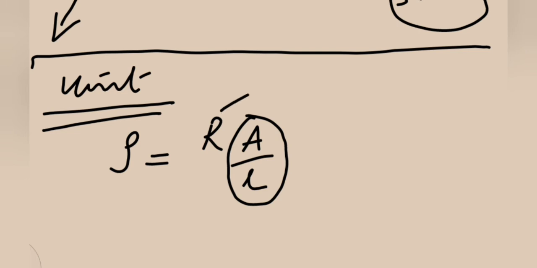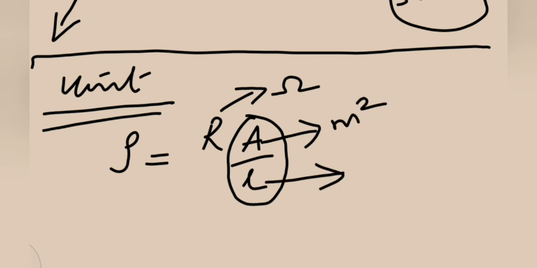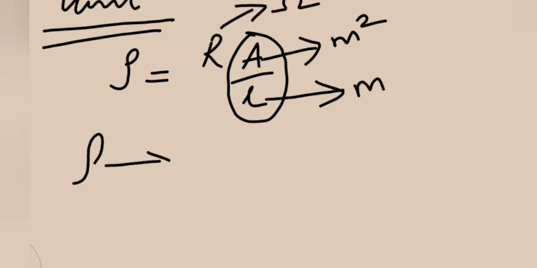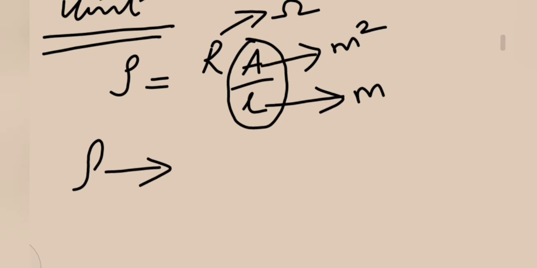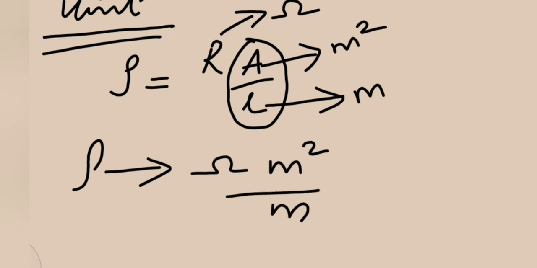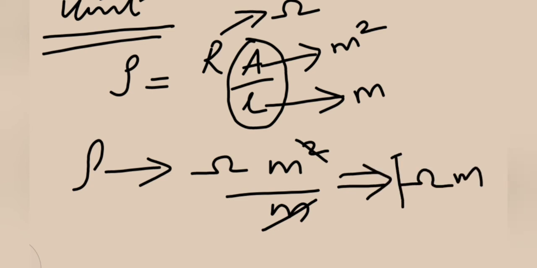The unit of resistance is ohm, the SI unit of area is meter square, and the unit of length is meter. So when you put the values, you get the unit of resistivity rho to be ohm meter square divided by meter. So 1 meter and 1 meter get cancelled, and finally you get the SI unit of resistivity as ohm meter. This is how we find the unit of resistivity.